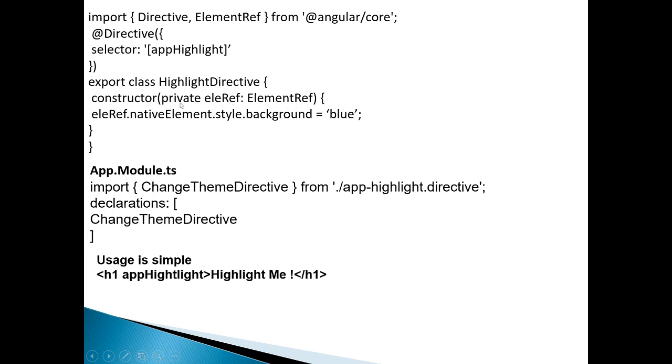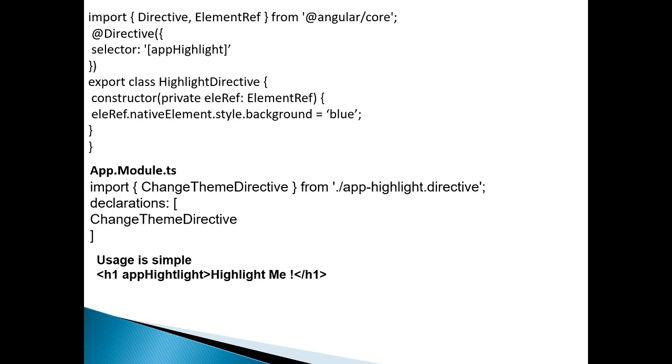Now how to create a directive. In our directive file, what we need to import is ElementRef. ElementRef is actually a reference to the elements of the DOM. ElementRef will provide you the DOM structure in your application.